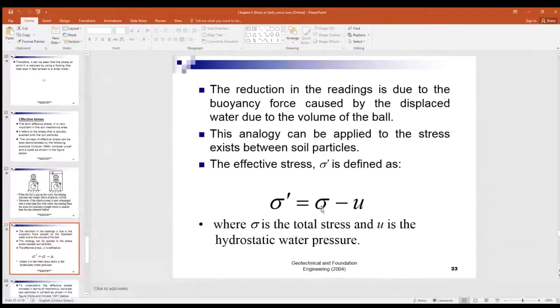It looks very similar to the weight of soil immersed underwater. So the effective stress is equal to the total stress minus the hydrostatic water pressure.